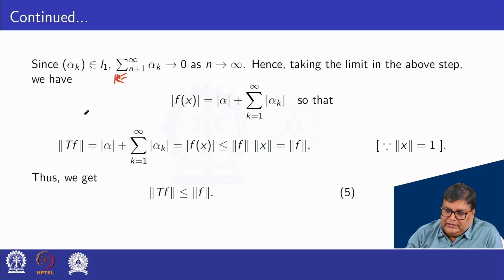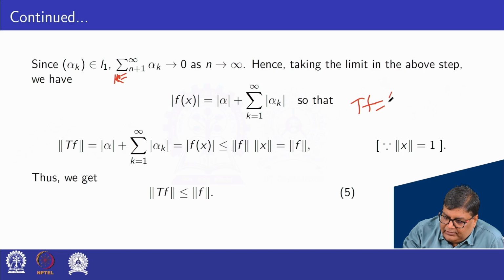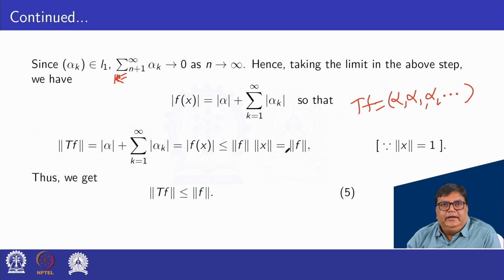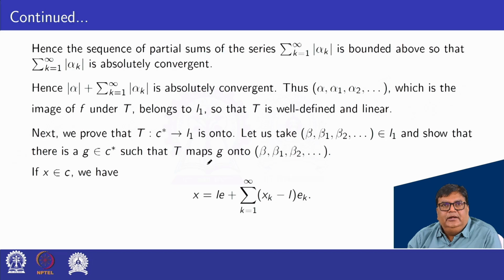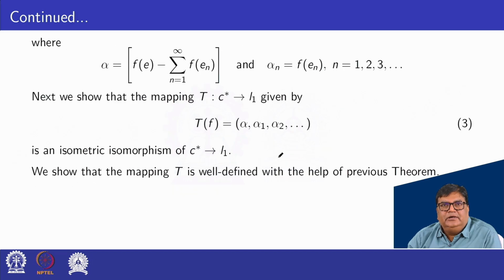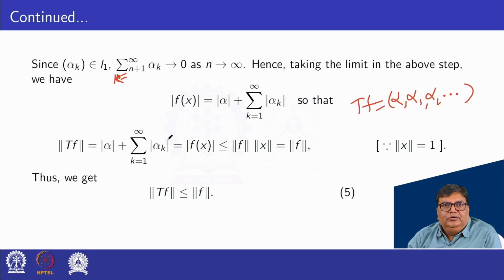So the norm of Tf is |alpha| plus the summation k equals 1 to infinity of |alpha_k|, since Tf equals (alpha, alpha_1, alpha_2, and so on), and Tf is an element of L1. This is the norm of Tf, already given in equation 3, and this is |f(x)|.